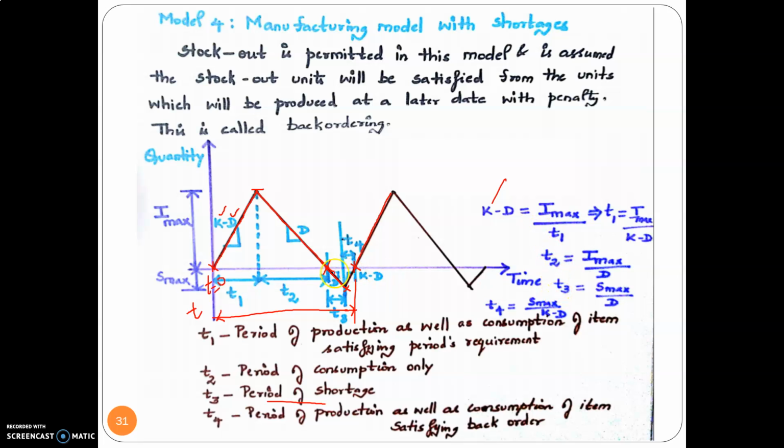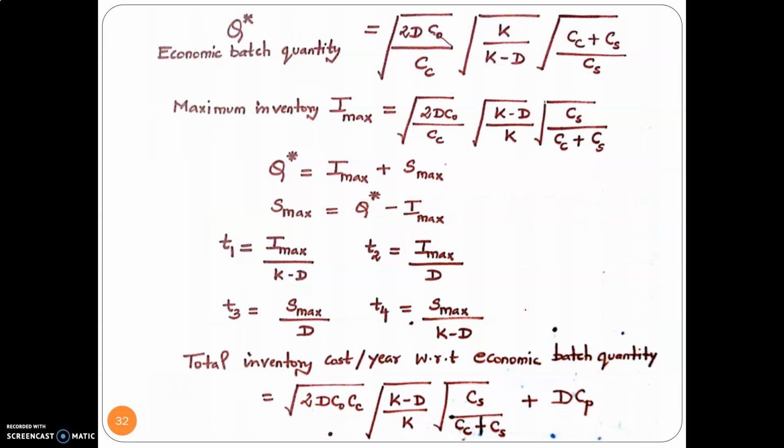Similarly, in case of T3, the slope is D, and my y-intercept is S max and x-intercept is T3. So T3 is S max by D. And similarly, T4: the slope is K minus D, so S max by K minus D. All you have to do is remember this diagram. If you are able to construct this diagram correctly, you can automatically write out the formulas.